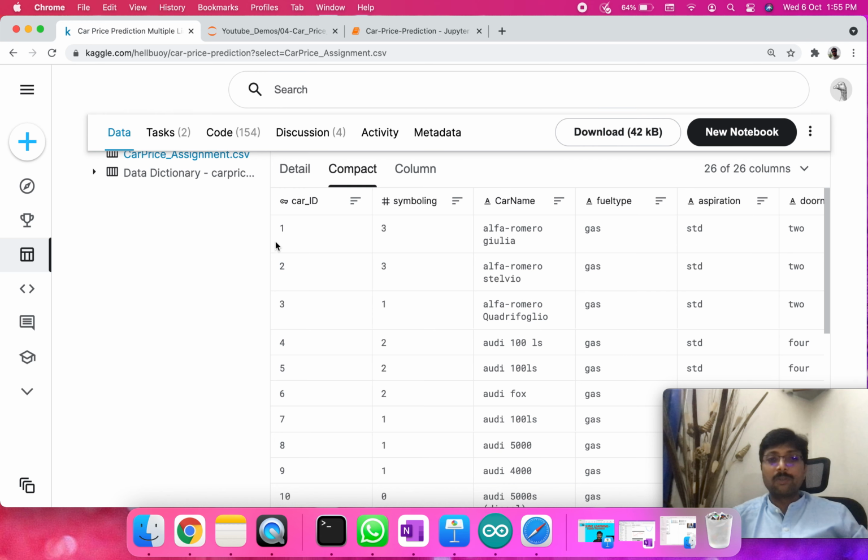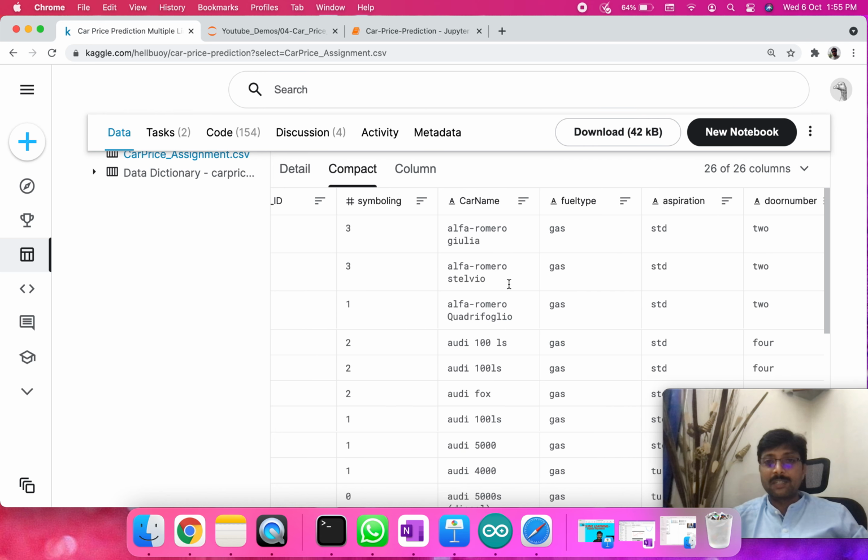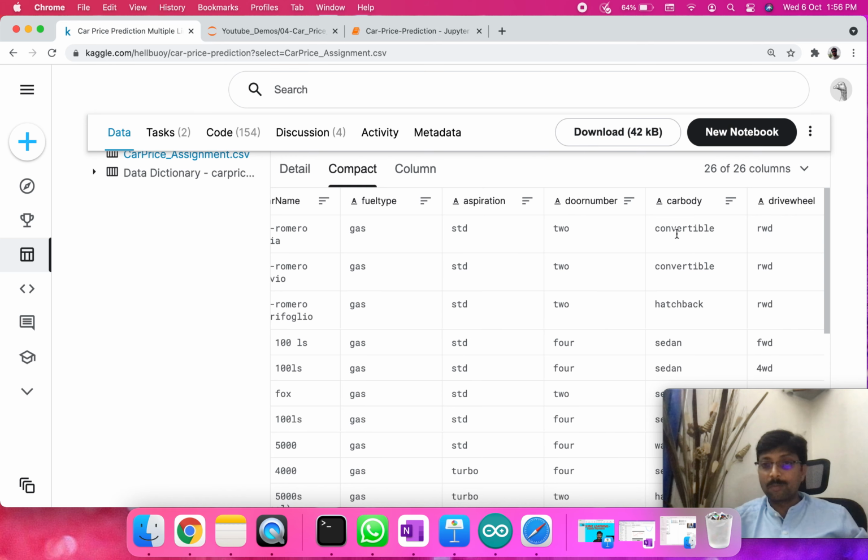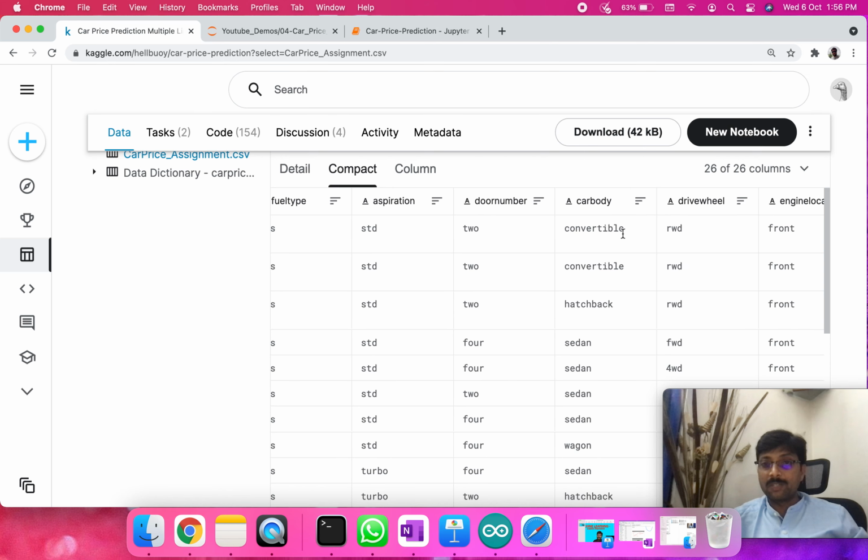If you look at it, there is a car ID and a lot of fields like car name and symboling. Symboling is basically a rating for the insurance risk given for the car model. Then fuel type, aspiration, door number, so that's the number of doors, and car body, whether it's a sedan or convertible and things like that.